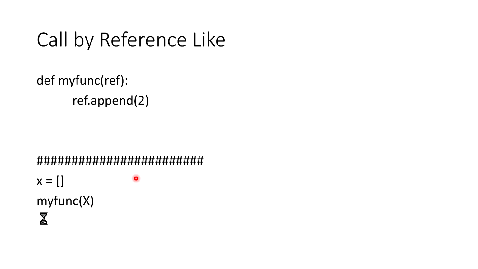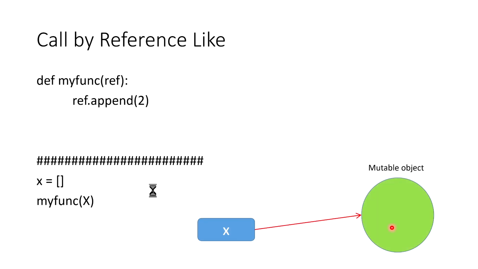So what happens behind the scenes is, in the Python memory you create a list object, an empty list with nothing in it. That's empty there, and then x is bound to that. That's the first step. When you call the function, the reference name is actually bound to here.